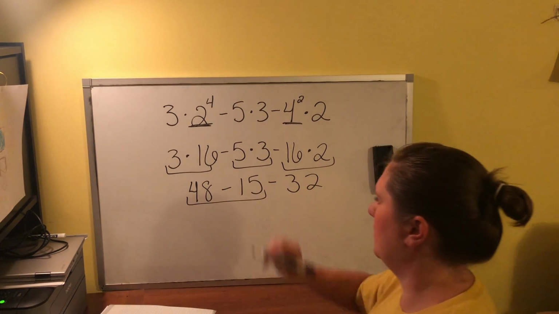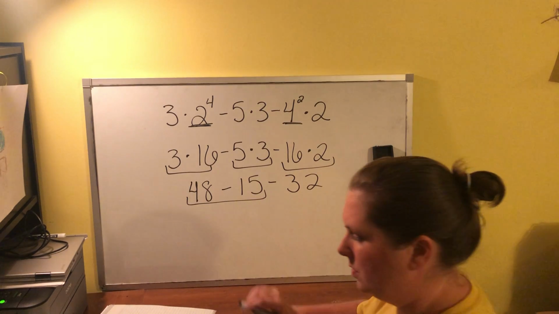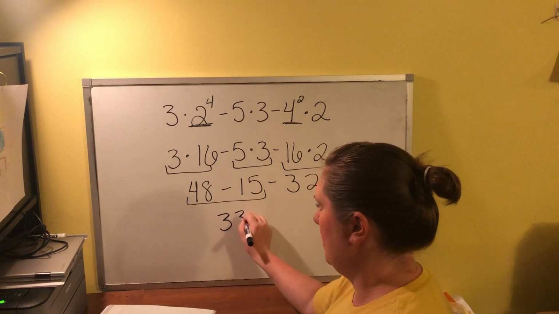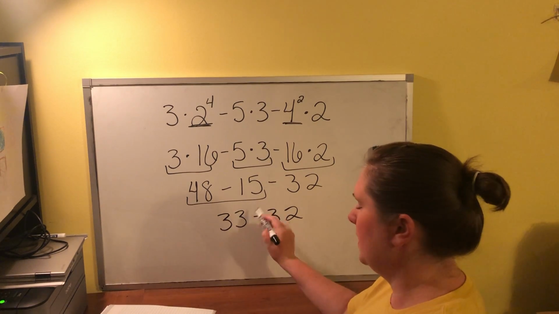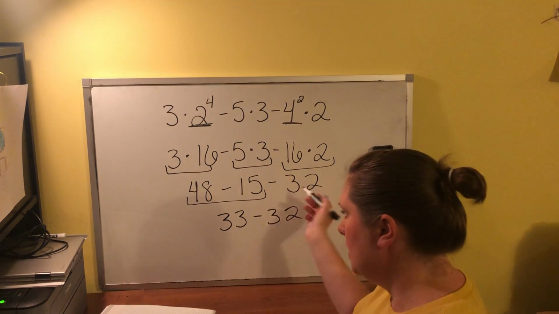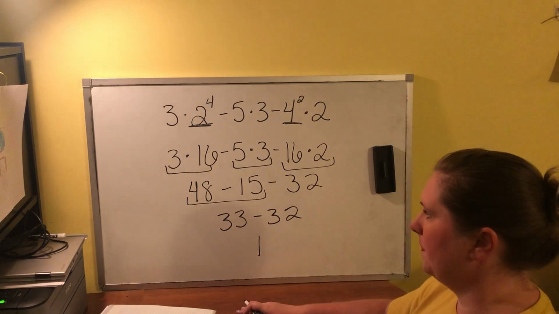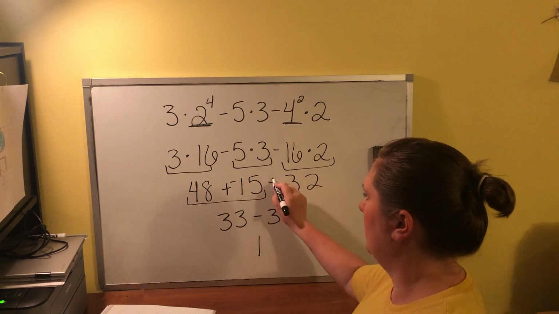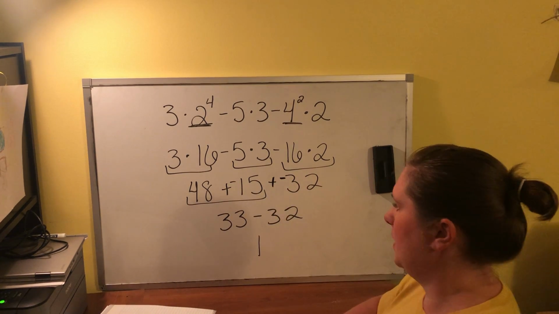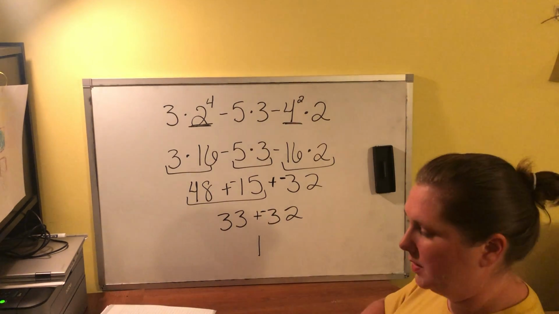I have subtraction, so we're going to handle what comes first. 48 minus 15 you should be able to do, right, rather easily to get 33 minus 32. If you wanted to add the negative, you could, or you don't have to because we can easily do 33 minus 32 to get 1. But like I said, if you wanted, you could have added the negative here and added the negative here. You still would have ended up with the same answer of a positive 1.